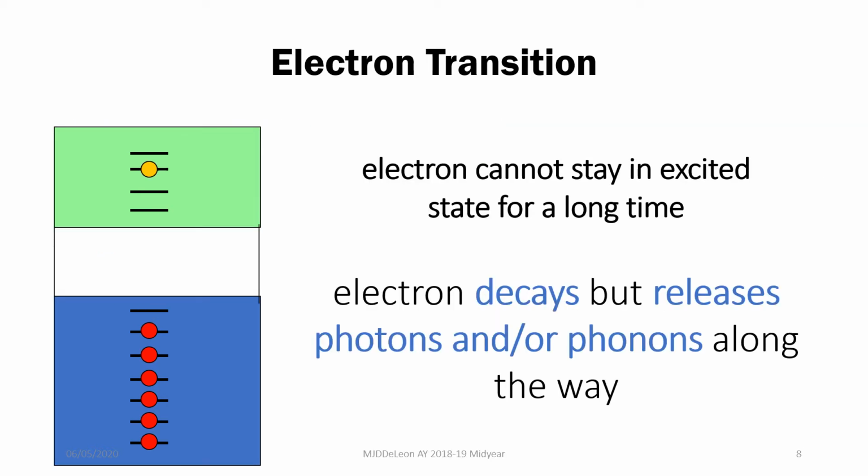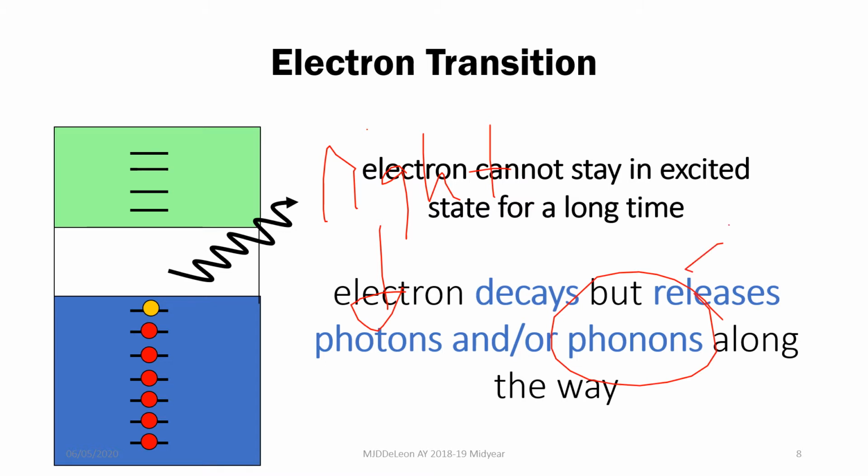So electrons cannot stay in an excited state for a long time. After a while, after a very short while actually, your electrons will decay back to a lower energy state. And with this decay, it will release energy. So yung energy na pwede niyang i-release is either light, or yung tinatawag nating photon, or pwede ring phonons or heat.